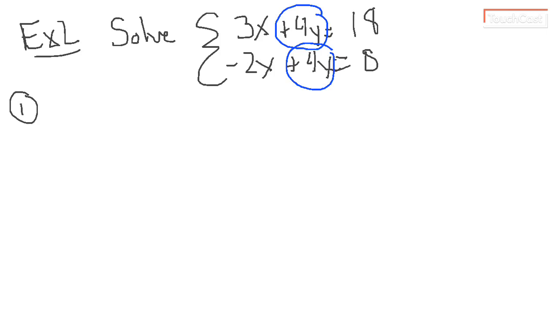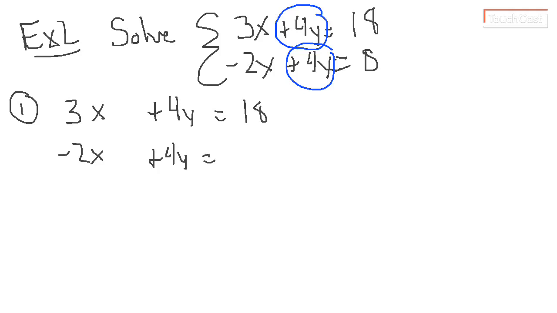They're both 4. So when I am doing step 1, rewriting everything to be vertically aligned, what we're going to want to do is make one of those 4's be opposite.